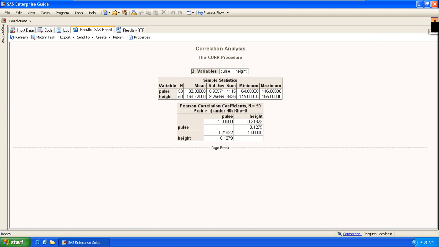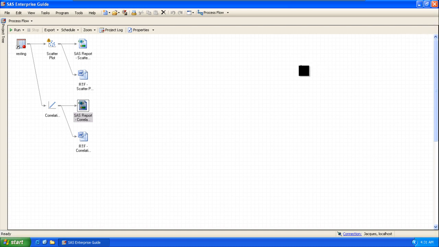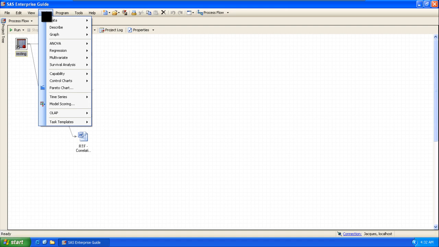Now we analyze with another method, and we go to task, regression, linear regression.